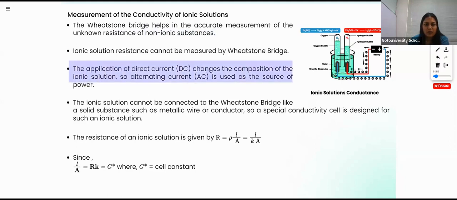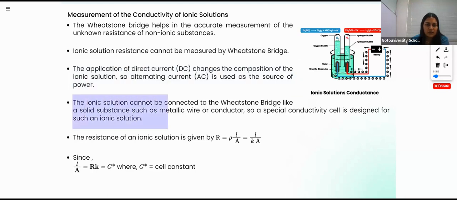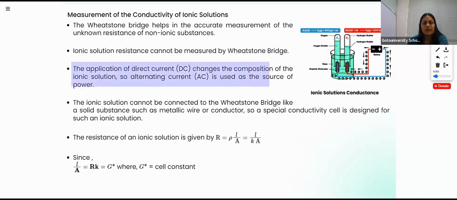So here I have mentioned two problems which we were facing while measuring resistance in a Wheatstone bridge. The application of direct current changes the composition of the ionic solution, as I have just discussed.